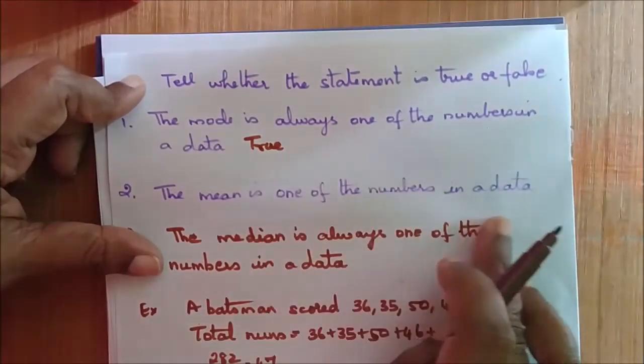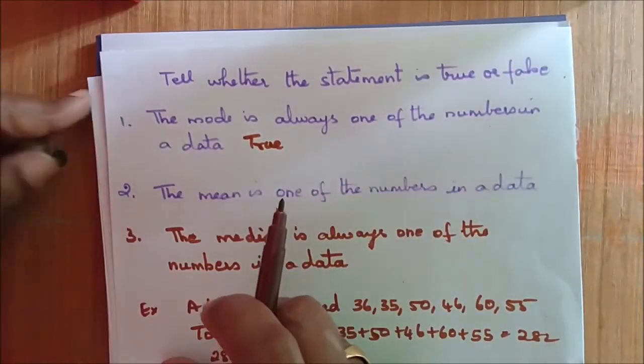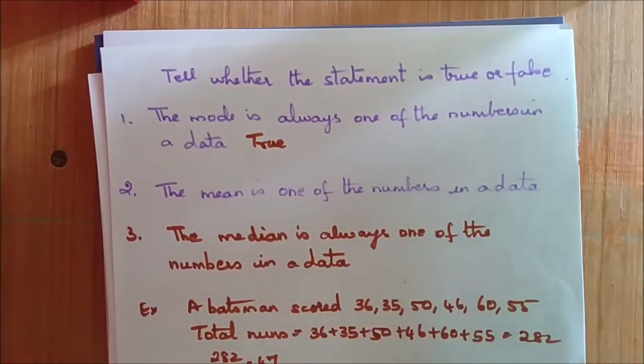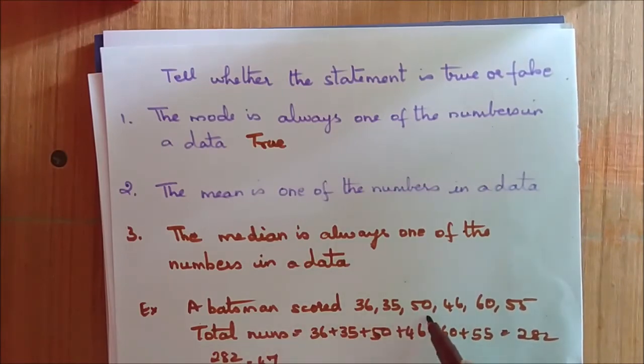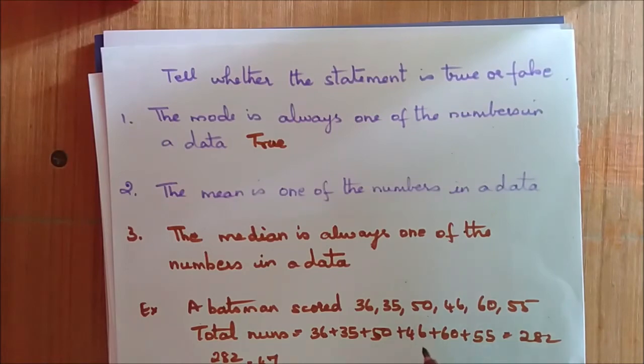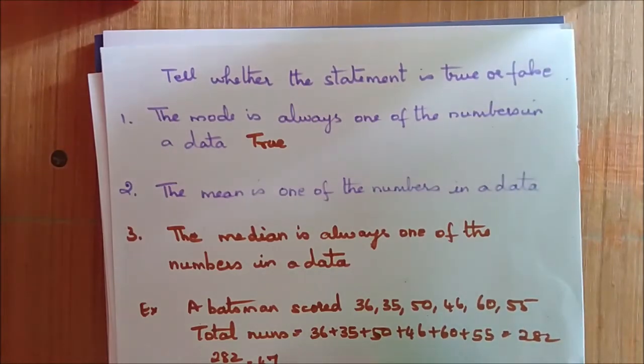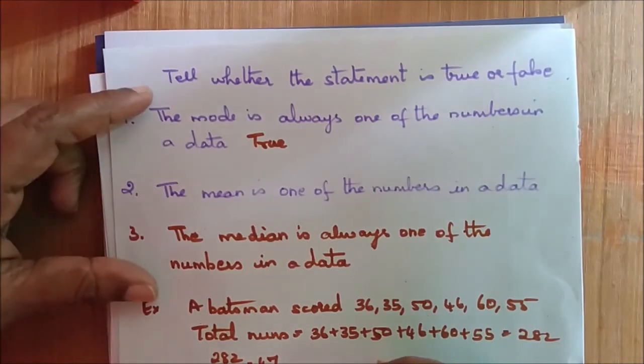The mean is one of the numbers in a data. Can you tell me whether this is true or false? Let us take one example. A batsman scored 36, 35, 50, 46, 60 and 55 runs in 6 innings. We calculated the total. Total is 282 and dividing by 6 gives 47.